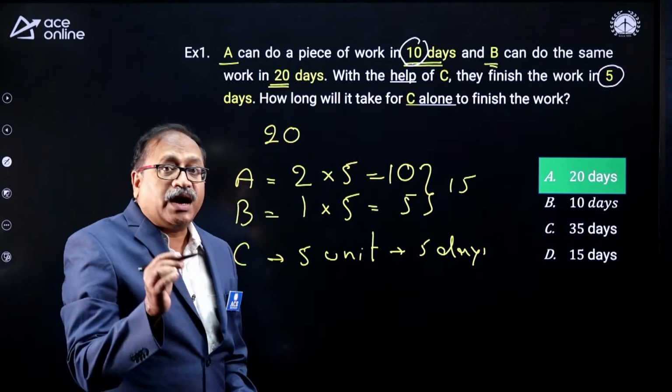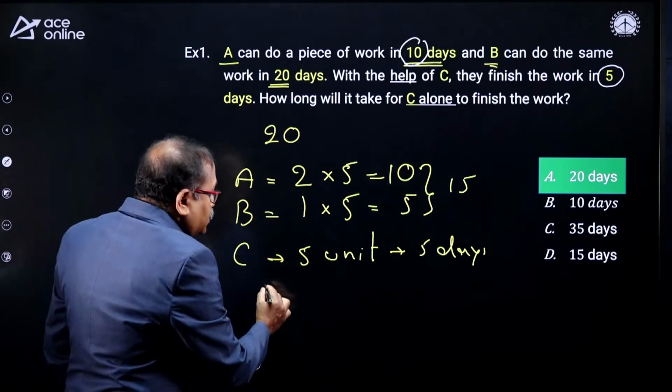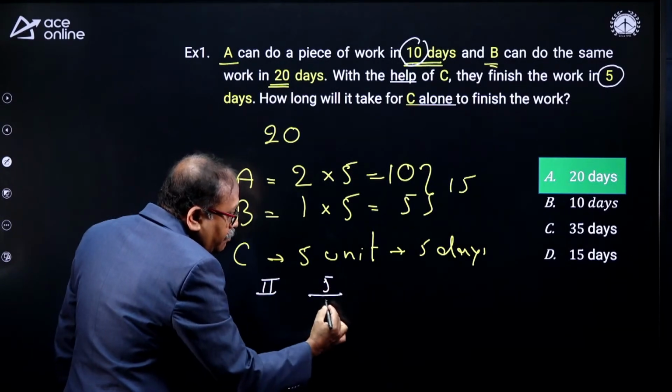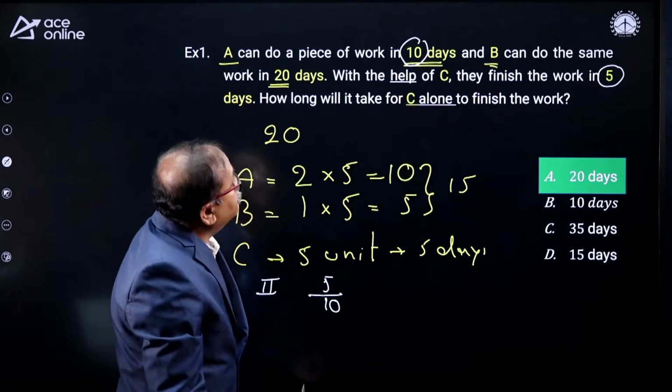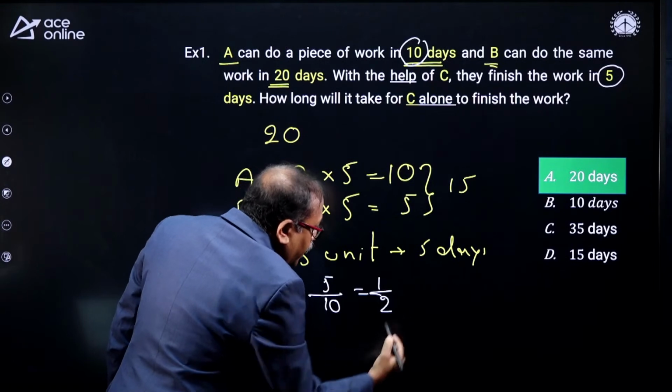That means in 5 days, what part of the work will he complete? So this is the second method. A worked 5 days, and the total work he completes in 10 days. That means half of the work is completed by A.